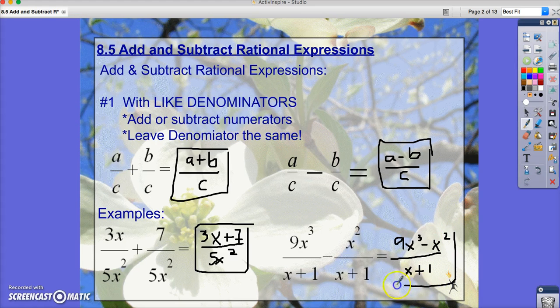Now if you notice here, we can't simplify these. Why can't I simplify the numerator here? Because I have an x to the first power and a constant. Here I have x cubed and x squared. So we're just going to leave it as is. Now, the actual problems that we do, you'll be able to simplify a little more, combine a little more. Let's take a look at that.